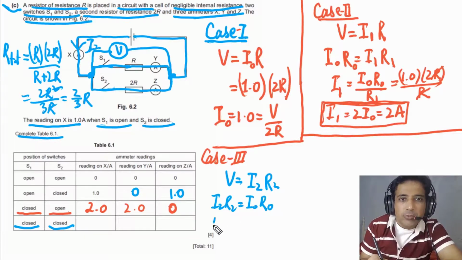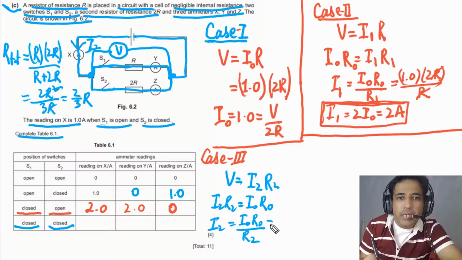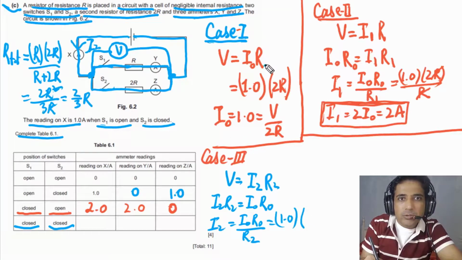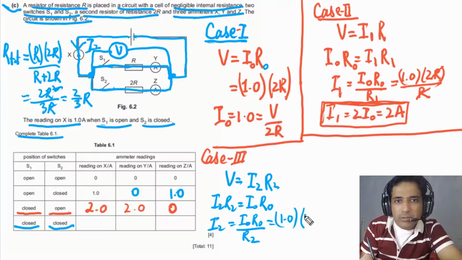We need to find out I2, so this has to be equal to I naught R naught divided by R2. I naught is equal to 1.0, and R naught is equal to 2 times R divided by R2. R2 is equal to 2 by 3 times R.